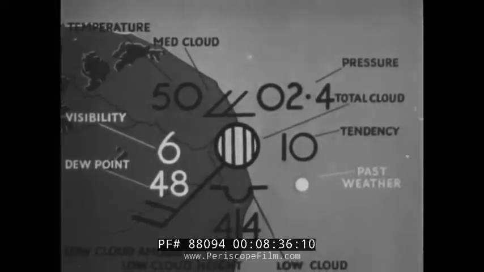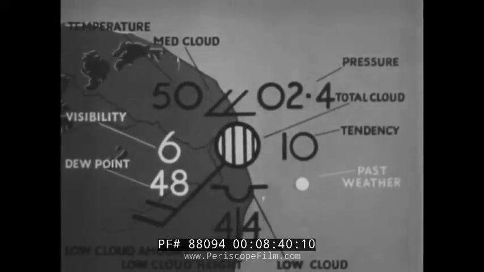The figures of any particular element are easily picked out because of their position relative to the station. For example, because of their position, the forecaster knows that these figures refer to pressure.